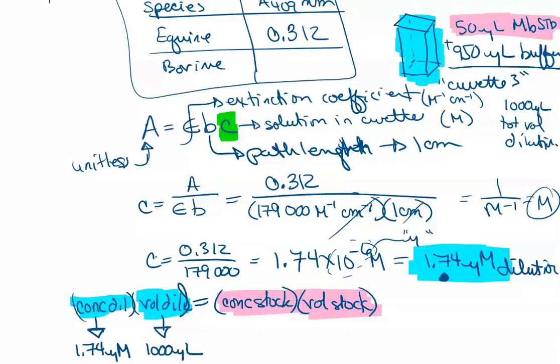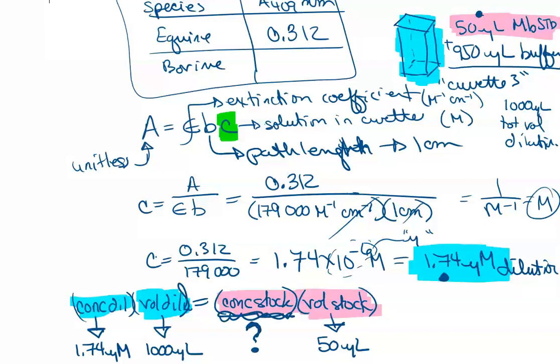So the volume of the dilution is 1,000 microliters. And then what about this volume of the stock? Well, the volume of the stock is the amount of stock that was used to make the dilution, and that's 50 microliters. So that's shown to you up here. And the concentration of the stock is what we want to know.